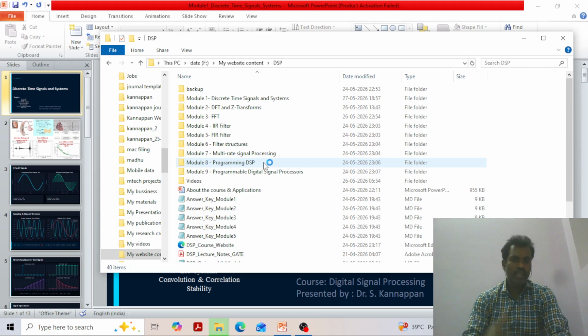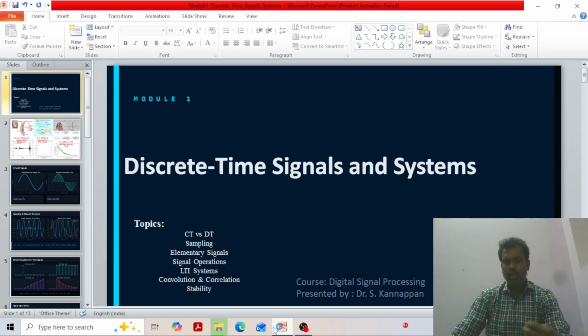And module 9 is to know about a particular family of processor that can do all the digital signal processing concepts. Now let's move on to module 1. Module 1 is the basic concept, discrete time signals and systems.